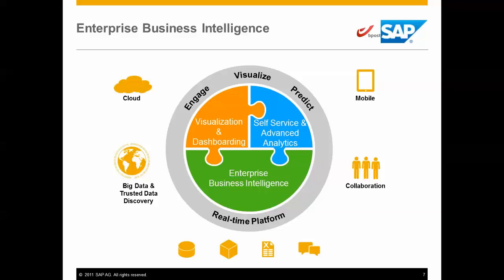If we have a quick look at the current portfolio of business intelligence within SAP, we can recognize three core categories. One is the green area, which we call enterprise business intelligence, where the traditional reporting products reside, like Web Intelligence. In the orange area, we have the products that are capable of doing corporate dashboarding.